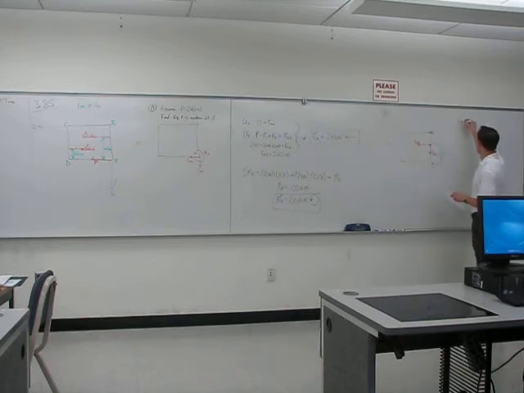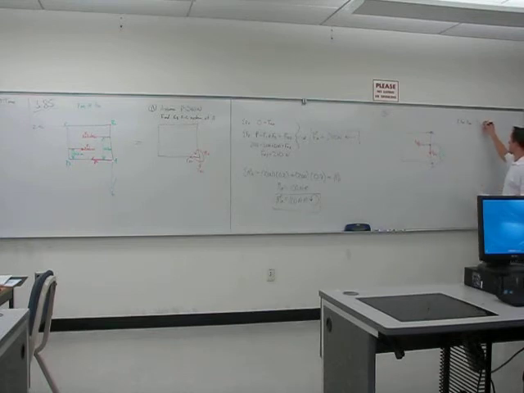Let's take the sum of the forces in the X direction. Well, from the picture that we had in part A, I have FAX. And now in the picture that I have here for part B, I have FEX. Well, we solved already for FAX, it was 0. So 0 is equal to FEX. Take the sum of the forces in the Z direction. Well, we have FAZ from the picture in part A equal to FEZ in the picture we have now.